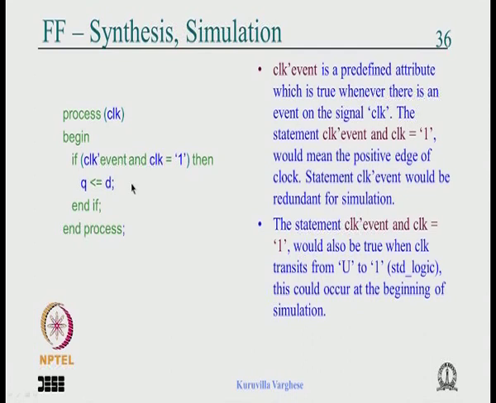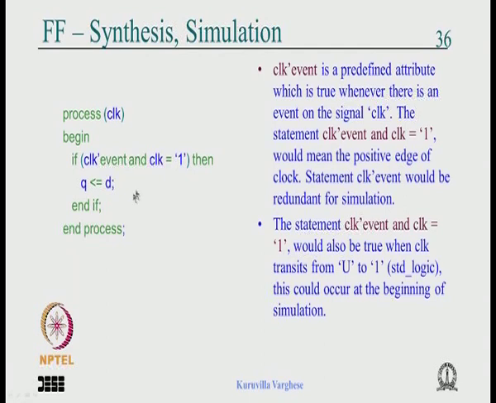And one very important thing, mind you: we have put some sensible syntax for that behavior, but we are human and we reason about it, while for a tool this is just a template. It means wherever there is a clock tick event, clock is equal to 1, Q gets D, end if, that is treated as a flip flop.